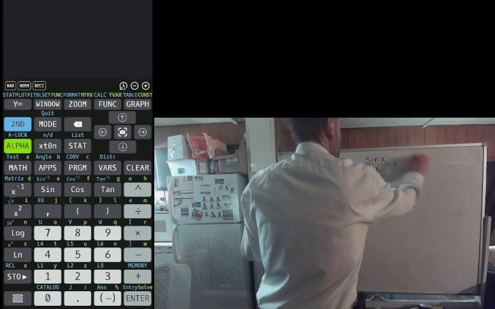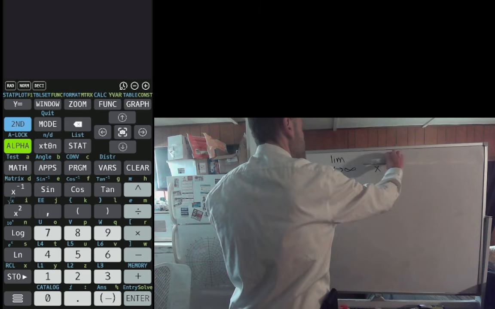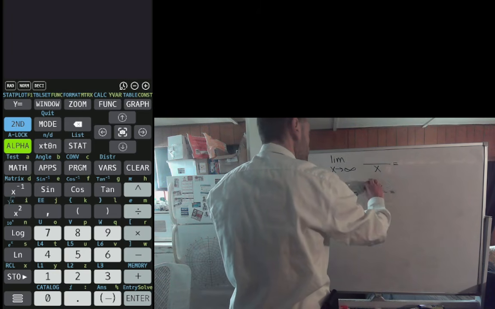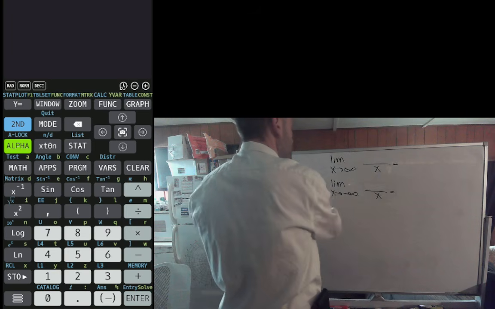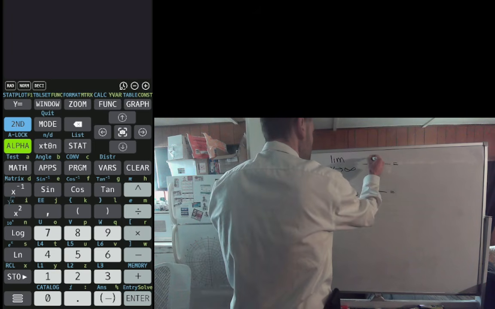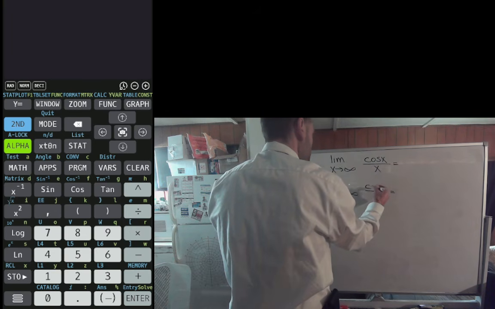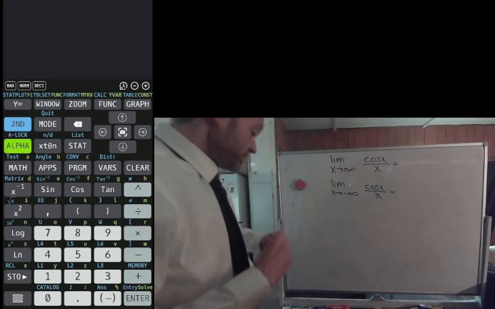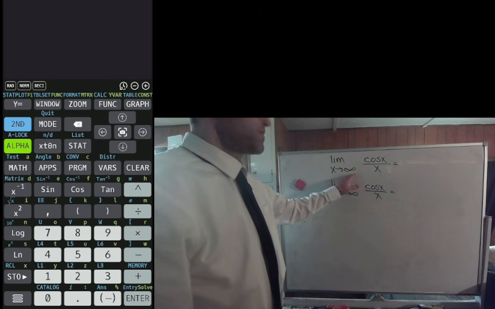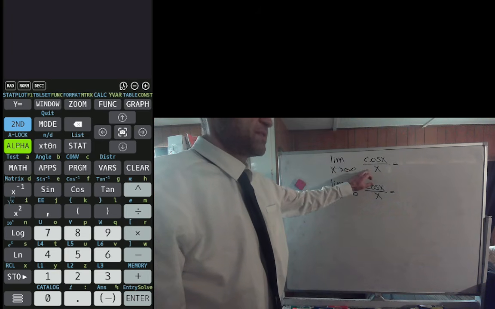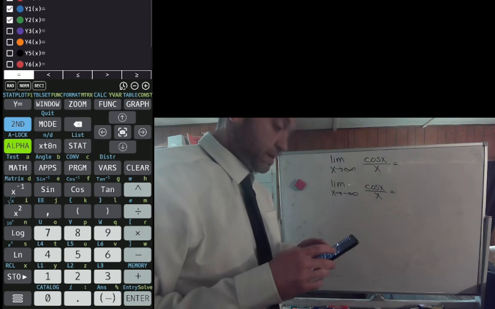Alright, now of course we need to talk about the cosine of x divided by x. The graph's a bit different. So let's deal with the limit as x approaches infinity of the cosine of x divided by x. And I'll throw that graph up on the screen here.